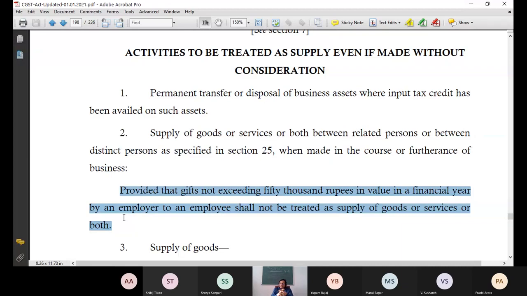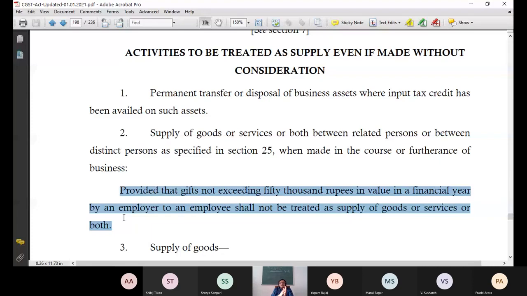Now, if my institution SRCC gives me a wristwatch, I am the employee of this college. If this college gives me a wristwatch of 40,000 rupees, it's not a supply. The college is not supposed to pay any GST on this 40,000. But if this college gives me a wristwatch of 60,000 rupees, it will be treated as supply and the college has to pay GST on this 60,000 rupees.